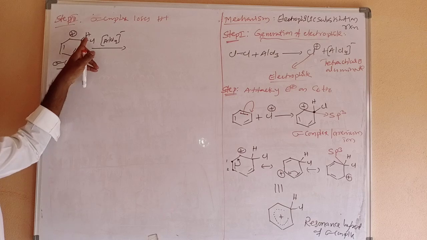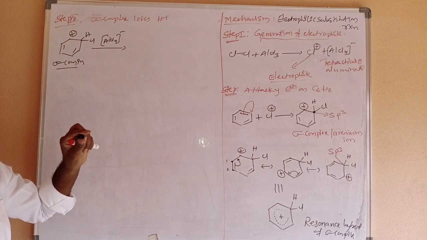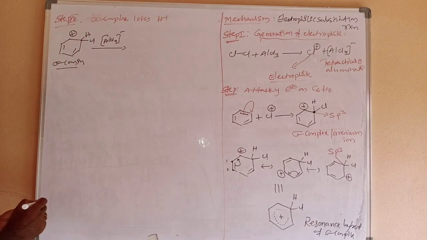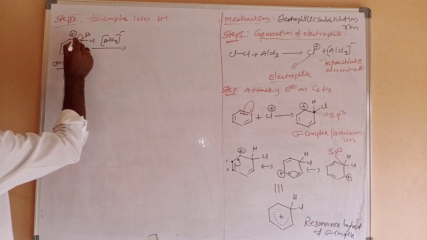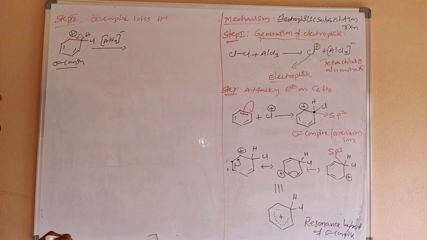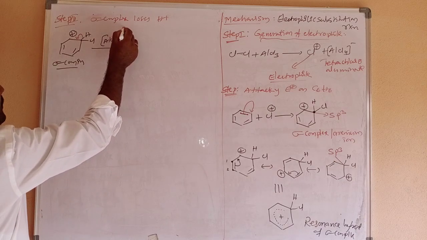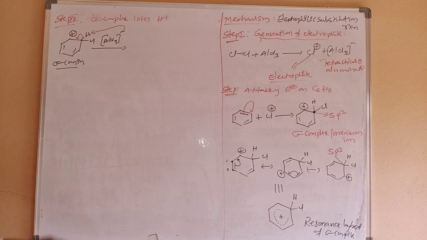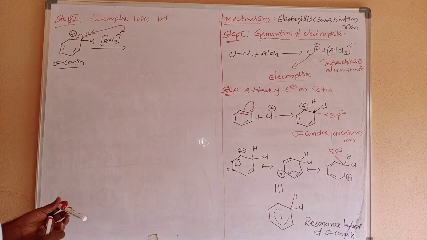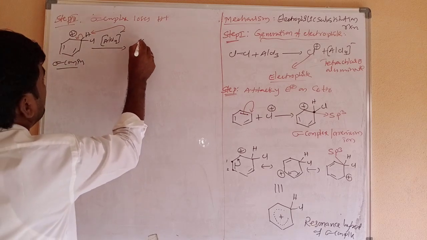a proton to restore the aromatic character, meaning this pi bond shifts toward this carbon atom. Between these two carbon atoms, the pi bond forms, and this lone pair of electrons is donated to this proton to form chlorobenzene. Then what happened?